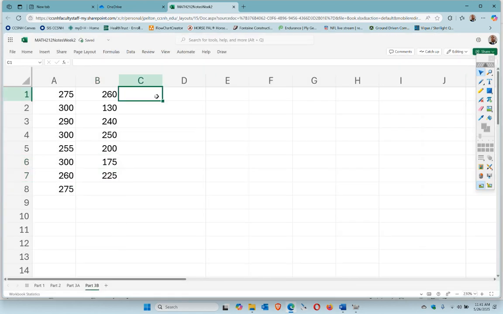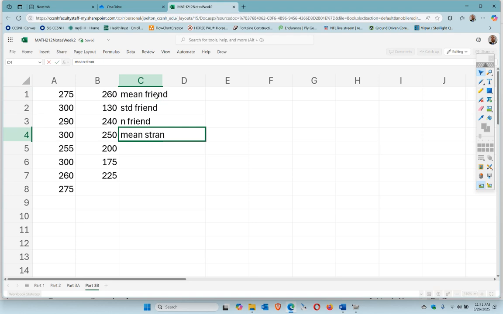Okay, so mean for friend, standard deviation for friend, n for friend, mean for stranger, standard deviation for stranger, and then n for stranger.